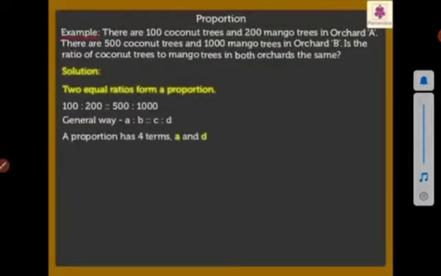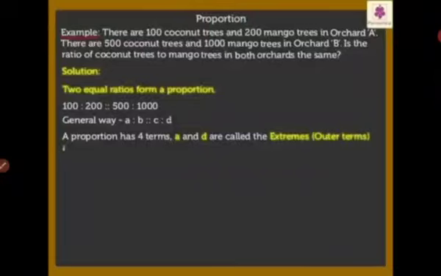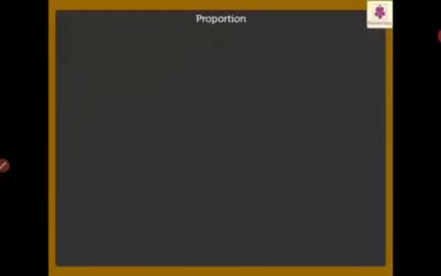A and D are called the extremes or outer terms, and B and C are called the means or middle terms.